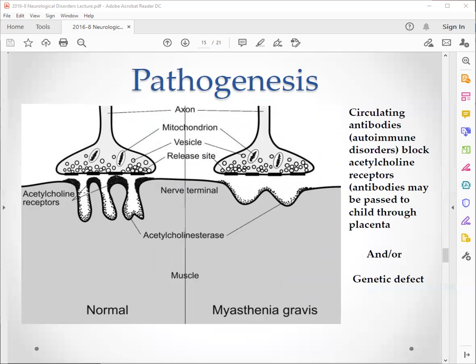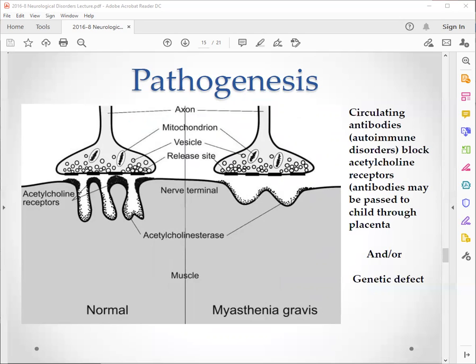In myasthenia gravis, there is depletion of the surface area of acetylcholine receptors.